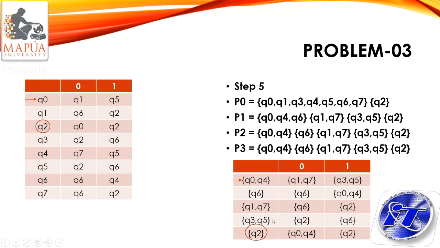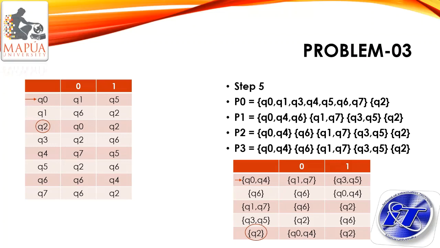Then Q3, Q5. Q3 goes to Q2, the final state, on 0. Q3 goes to Q6 if it's 1. And for Q2, the final state, on 0 it will go to Q0, and the group containing Q0 is Q0, Q4, so this will be written here.